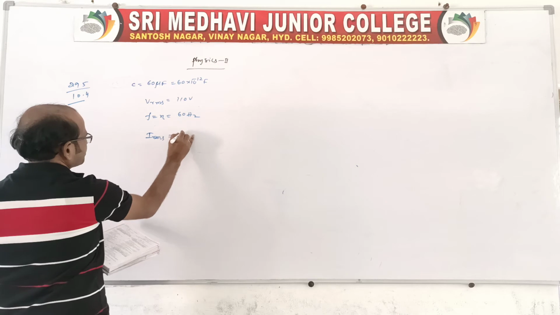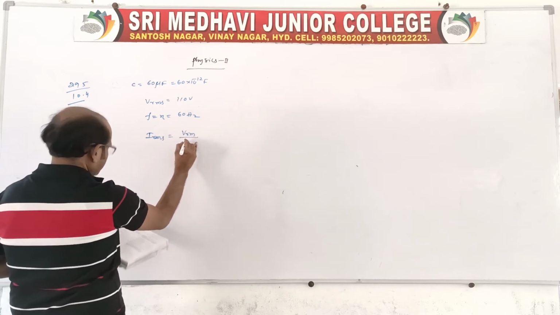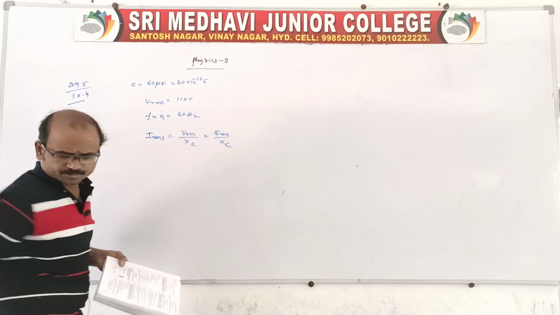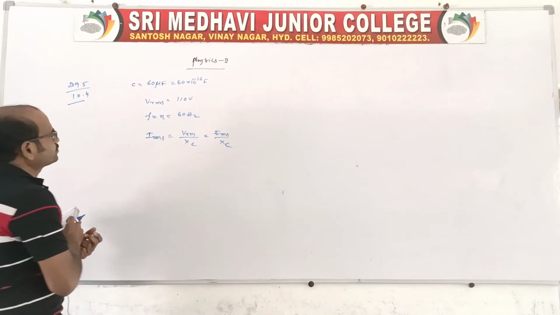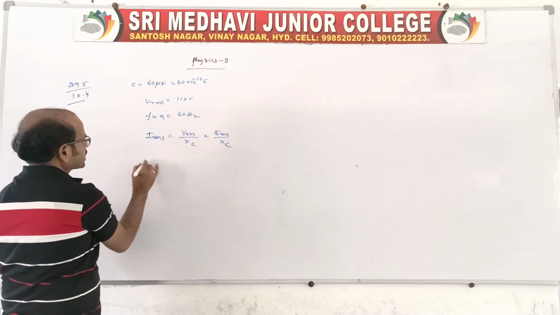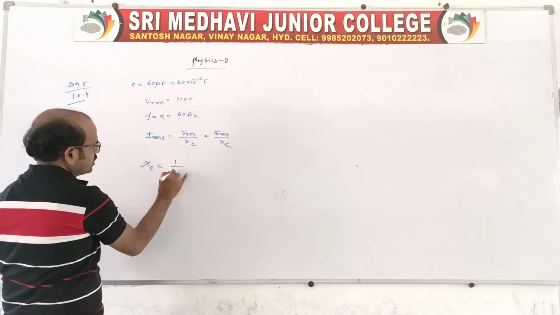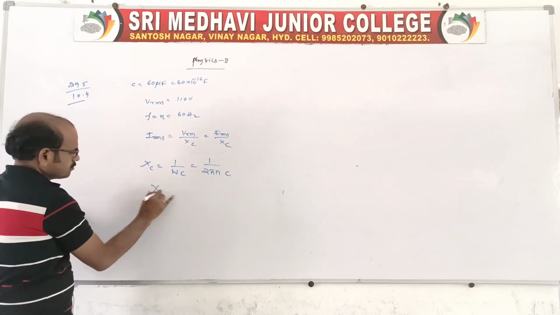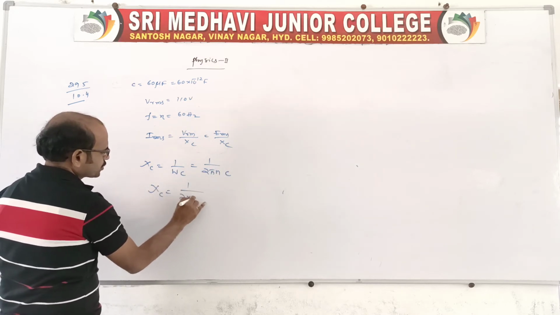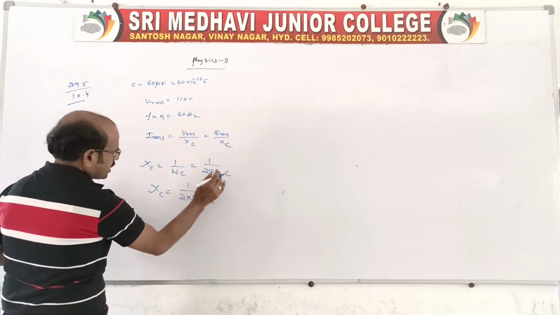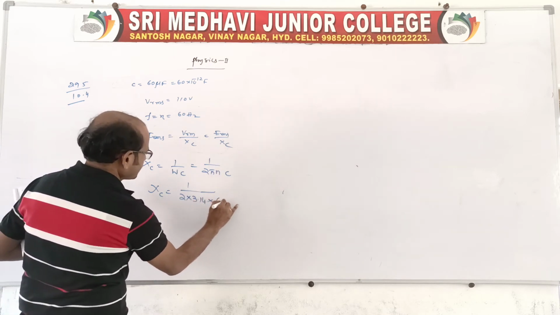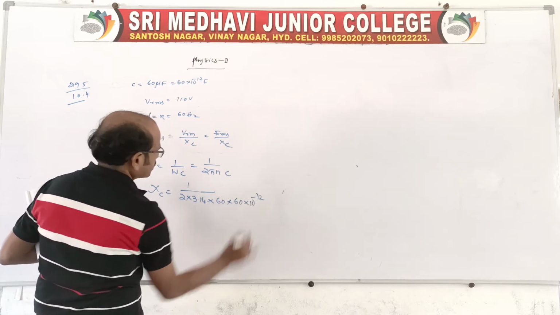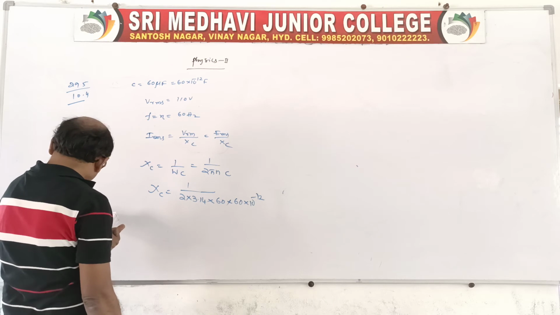I RMS is equal to V RMS by X C, or E RMS by X C. Here V RMS is already there, but we don't know X C. X C is equal to 1 by omega C, therefore 1 by 2 pi n into C. It is equal to 2 into 3.14 into n, the frequency 60, into C, 60 into 10 power minus 6.